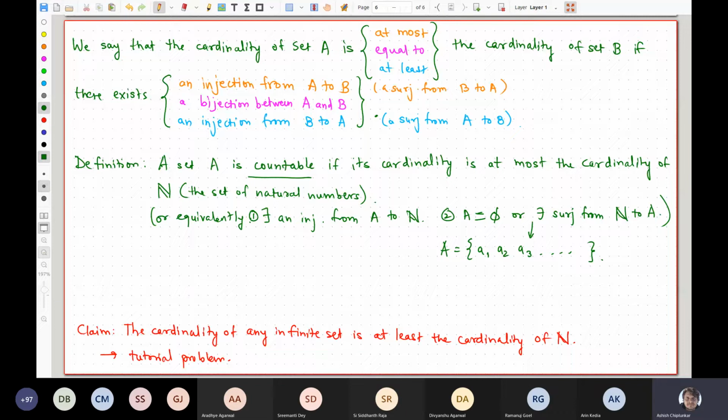So you can list down the elements of A, all the elements of A, without missing any element. Any questions so far?